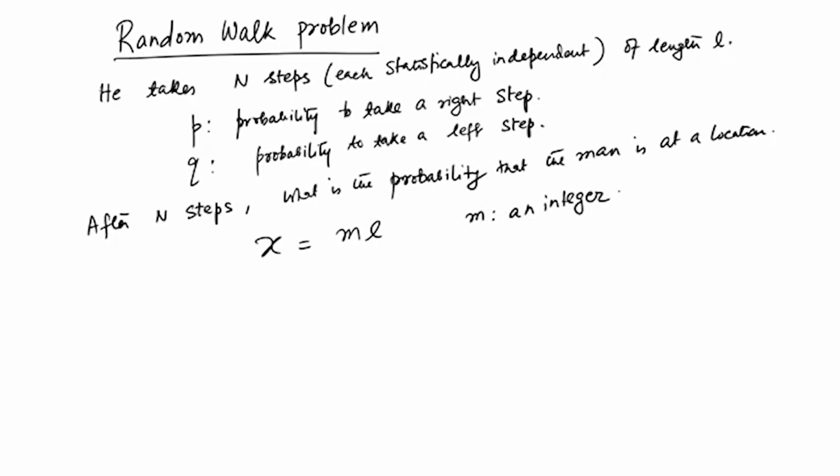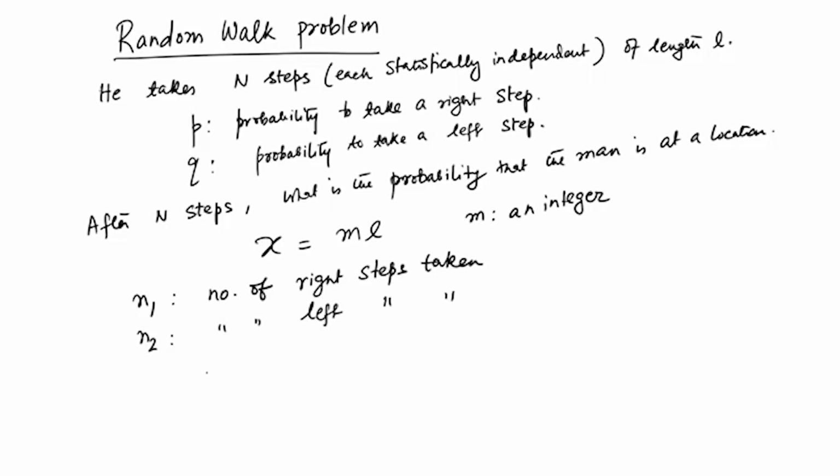And m essentially is the difference between the right steps taken and the left steps taken. Okay. So, n1 is the number of right steps taken after capital N steps, and n2 is the number of left steps taken.